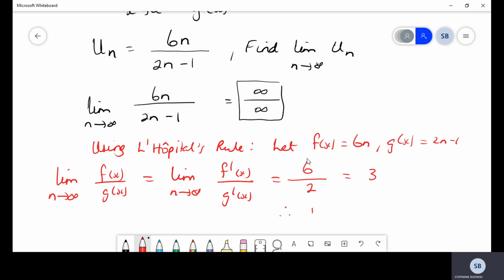Therefore, the limit of our sequence as n approaches infinity using L'Hopital's rule is 3. And because we got a numerical value, what type of sequence is this? That's correct. It is a convergent sequence. It converges to an actual number.